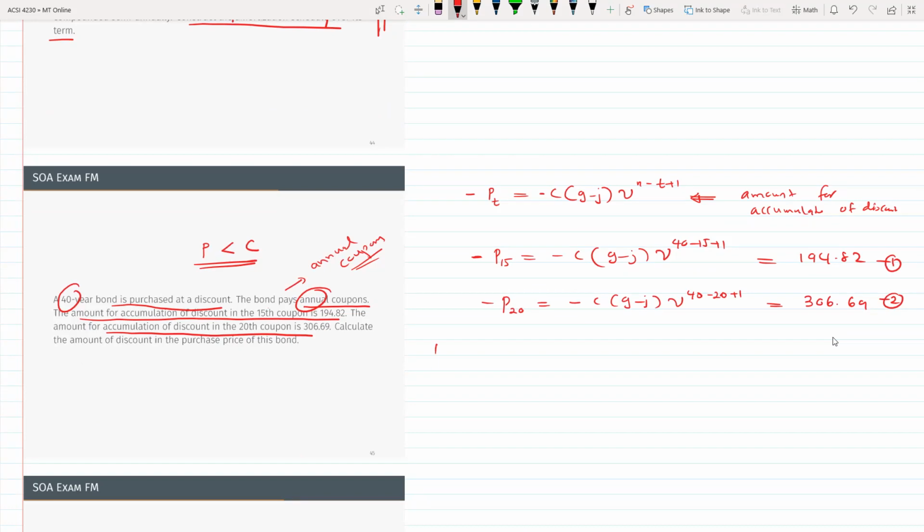Now, when you divide 1 by 2, what do you get? You would get V, this one 40 minus 15, which is 25 plus 26. This one 40 minus 20, which is 20 plus 1, 21.